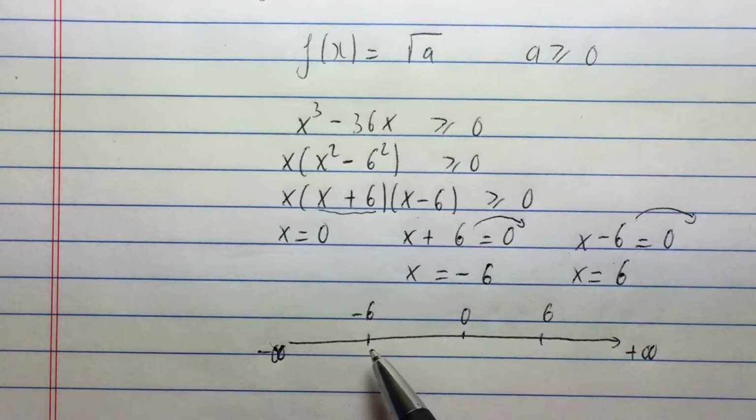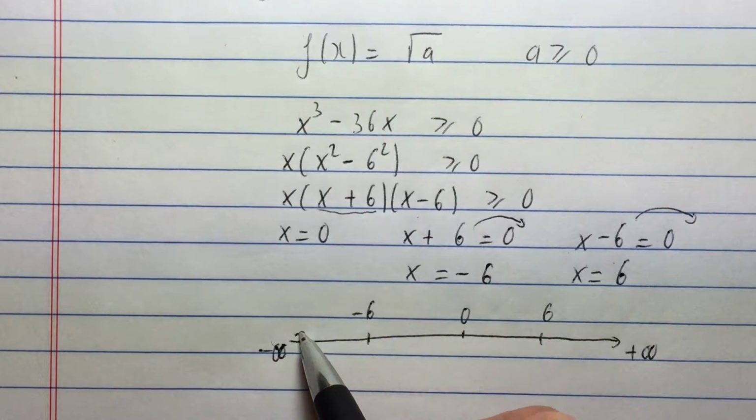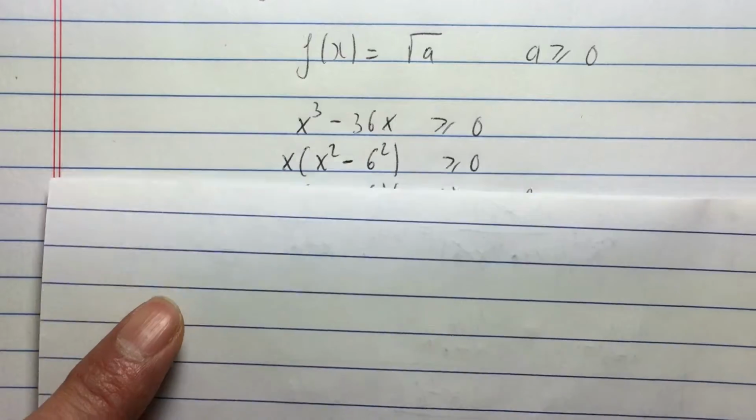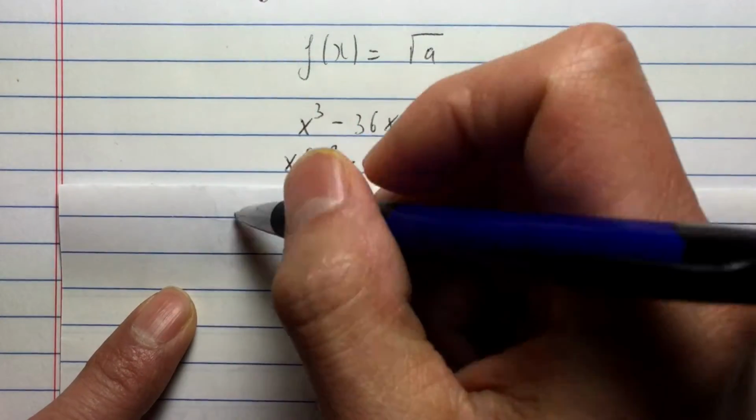First, I pick x equals minus 7 for this region, and substitute x equals minus 7 in here.